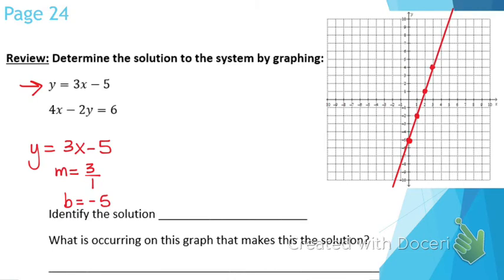So let's see these graphs. I need to see this graph on your paper. So I just graphed y equals 3x minus 5. All right, good. Looks good.